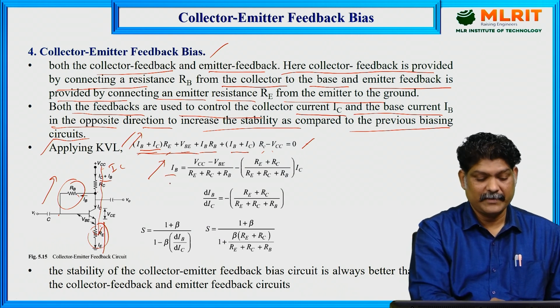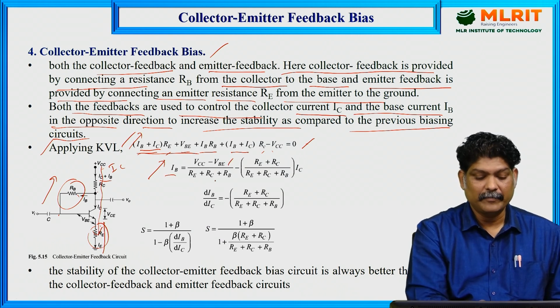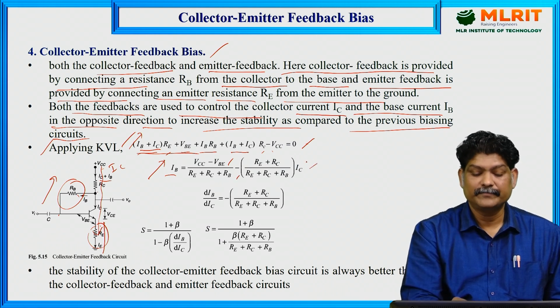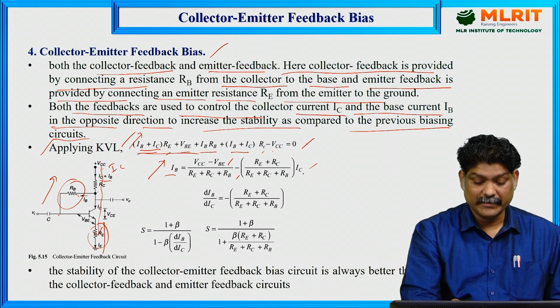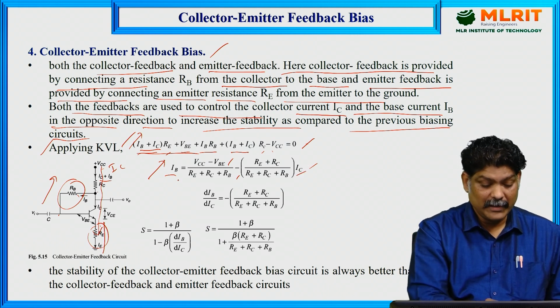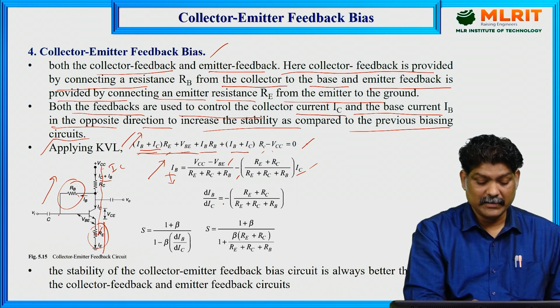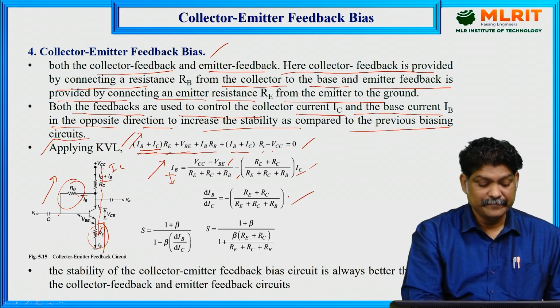The IB expression can be written as (VCC minus VBE) by (RE plus RC plus RB), minus (RE plus RC) by (RE plus RC plus RB) into IC. Let us differentiate this with respect to the collector current IC. So that is minus (RE plus RC) by (RE plus RC plus RB).